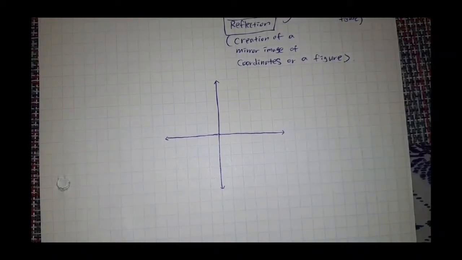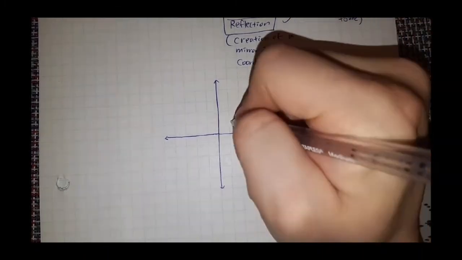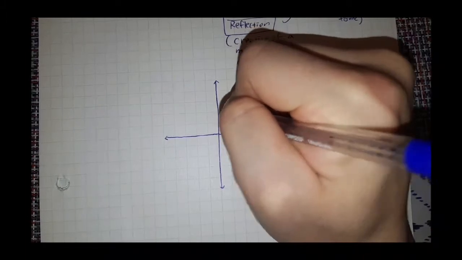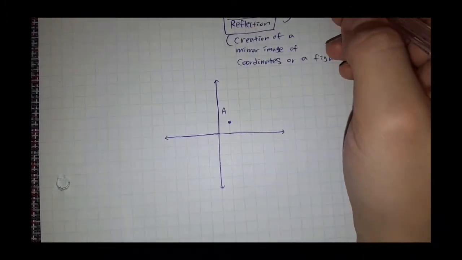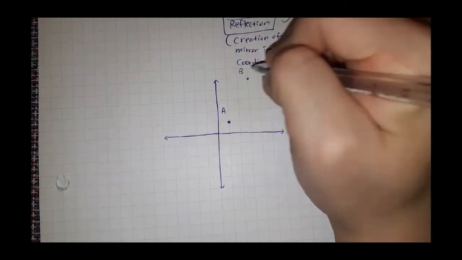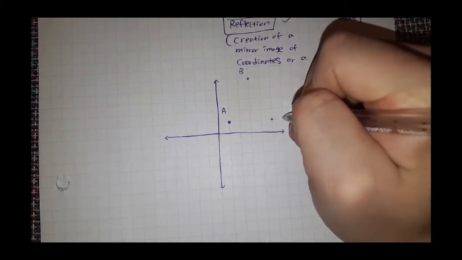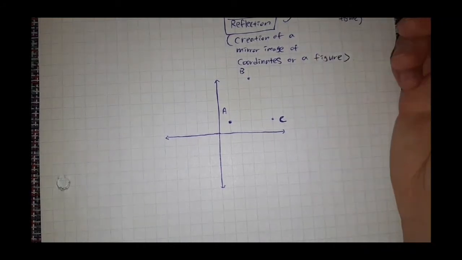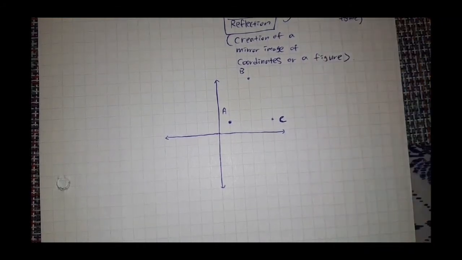And I am going to randomly create a triangle, A, B, C, down here, the way that you see, and I am going to connect those lines.